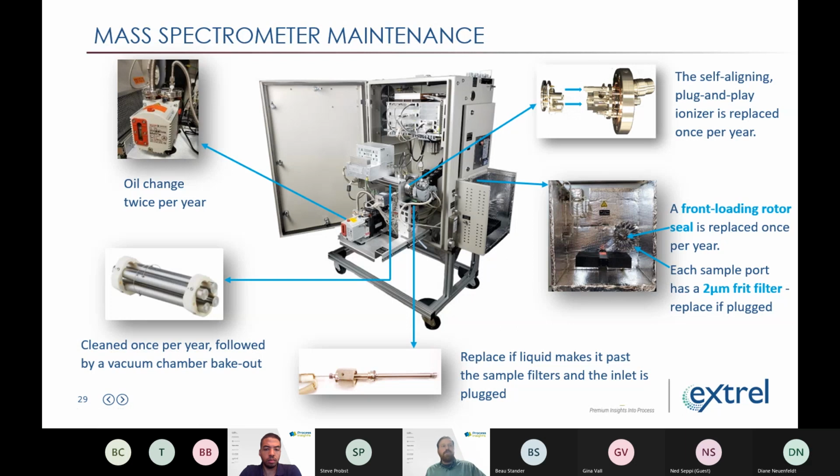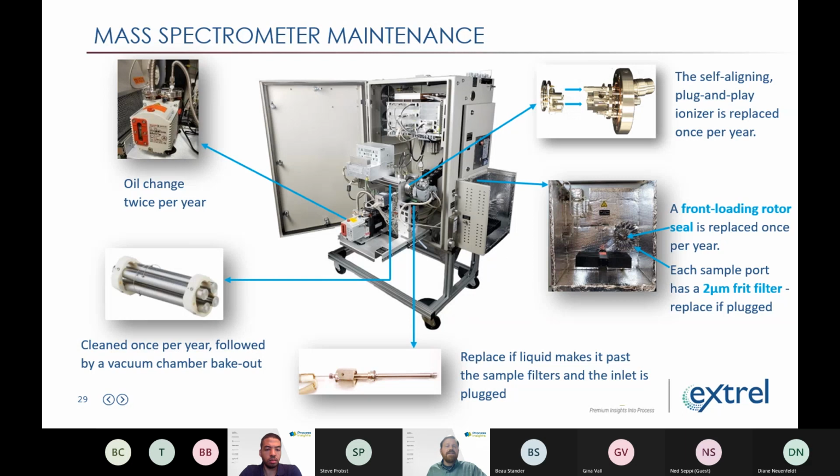It just pops off, they pop a new one on, and at that time we also recommend that they go in and clean their quadrupole. So it's easy to do. When I started in service, when I cleaned them, I would use a toothbrush and a detergent that we supply with the analyzer. It's basically just Alconox and some pumice.